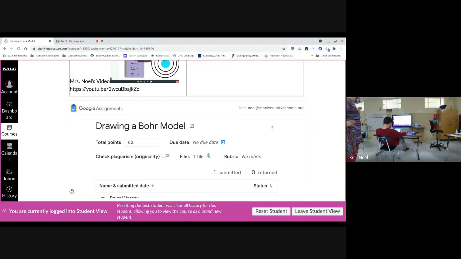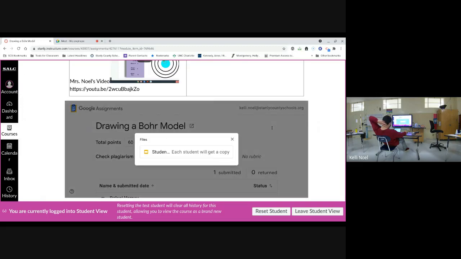That is the page you'll come back to submit. Then you're going to click on the assignment that has your name on it, and it's going to open a slides assignment. I have to click somewhere different because mine shows up as the teacher. Yours will have your name on it.